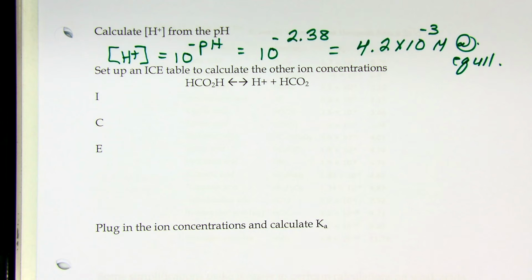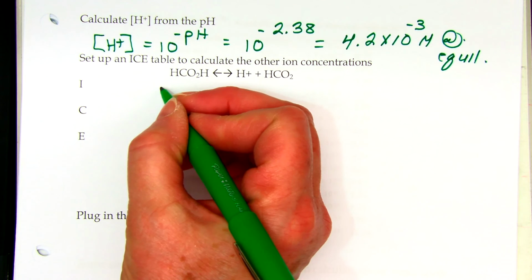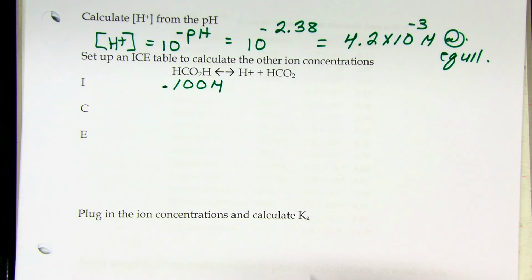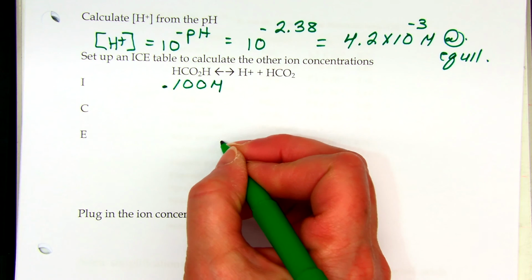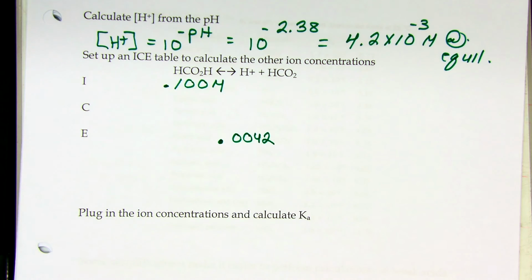So now we go back to this ice chart that we developed in the earlier chapters. And when we look at this, we can say, okay, what do I know that I can fill in that chart? So we know the initial concentration of our acid, 0.1 molar. And we know the equilibrium concentration of the hydrogen ion, 0.0042 molar.